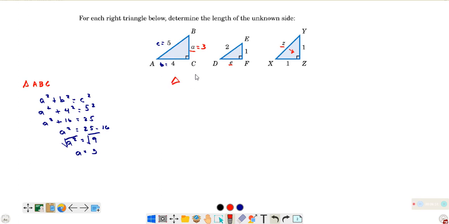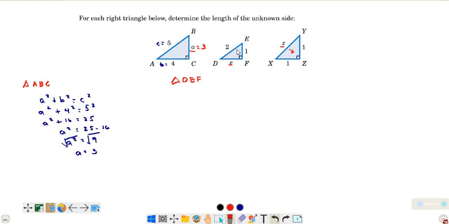The second triangle is triangle DEF. For triangle DEF, the known sides natin are 1 and the hypotenuse 2.